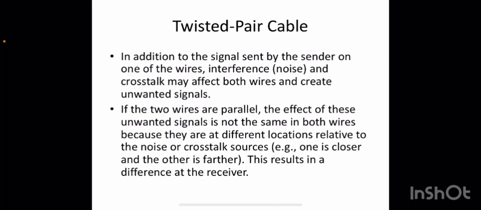So the wire which is closer to the noise source will be more affected. So of course, at the receiver, when we take the difference, the effect of the noise signal also will be there in the receiver. So the signal received will not be the same as the one sent by the sender.